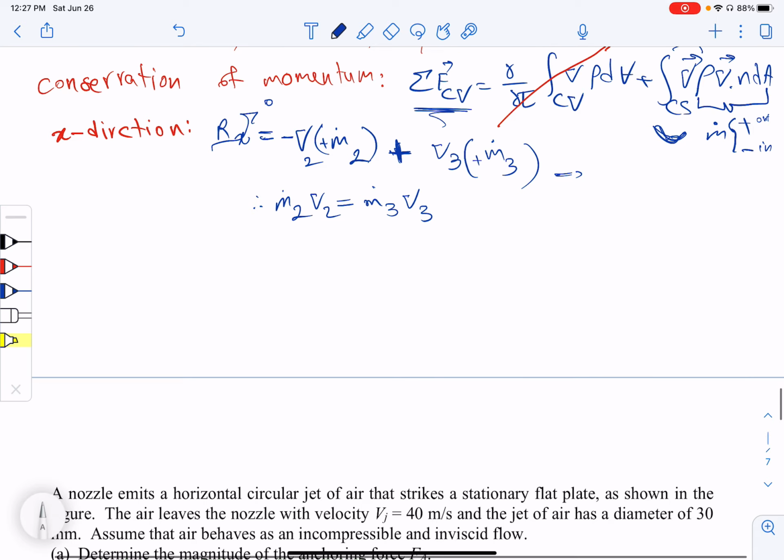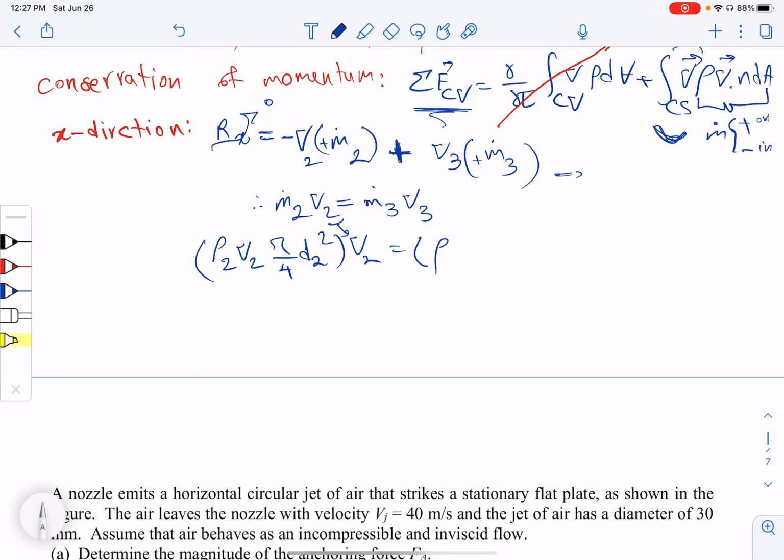Now let's put m dot 2 as rho 2 V2 A2, which is pi/4 d2 squared times the velocity, and m dot 3 as rho 3 V3 pi/4 d3 squared, and then V3.